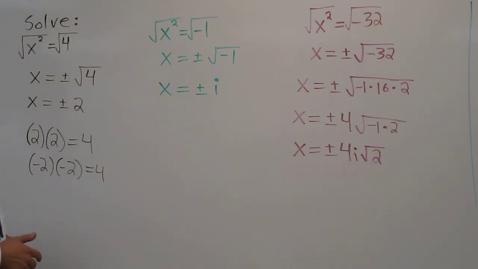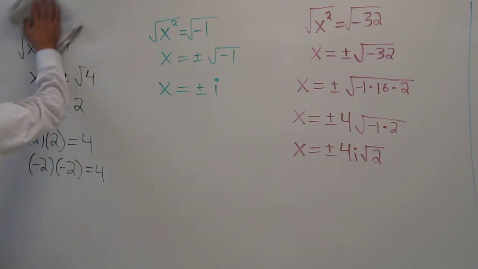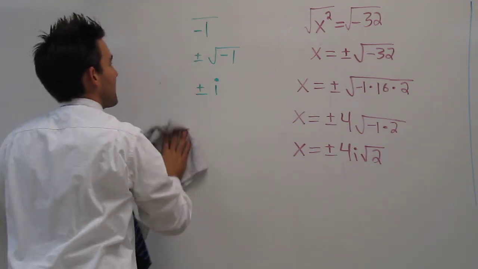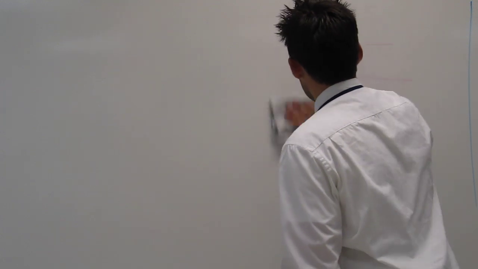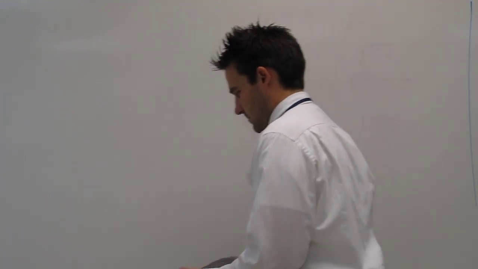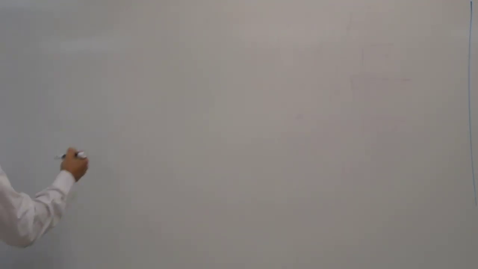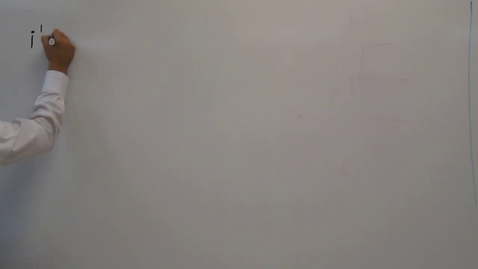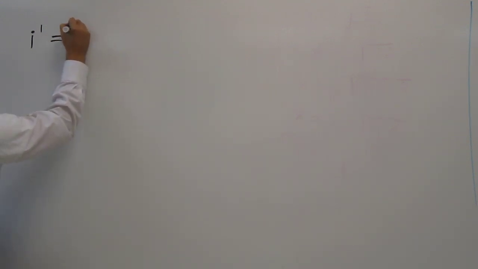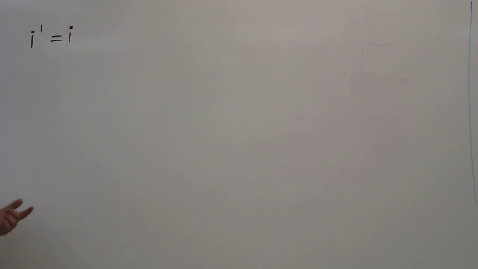So now let's talk about some properties of i, the imaginary number. Any number to the first power is simply itself. So i to the first power is i.